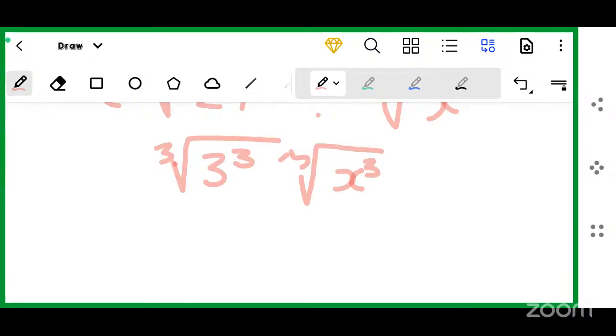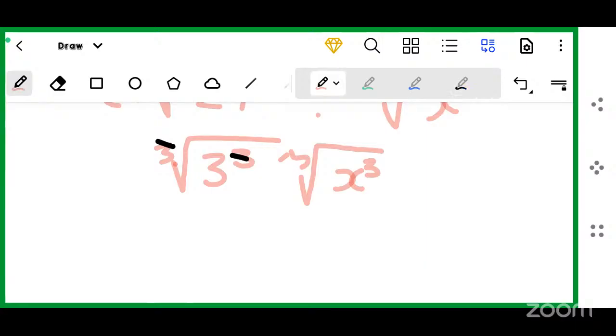Then that 3 to the power 3 and the cube root, and that x to the power 3, they cancel each other, so you're going to be left with 3 to the power 3.